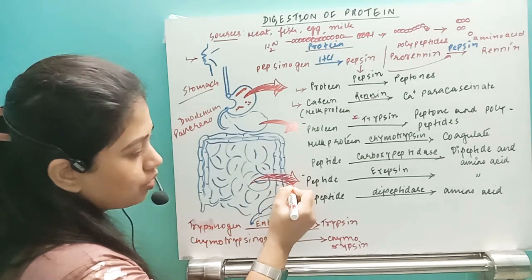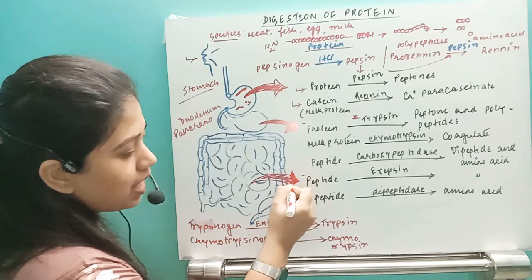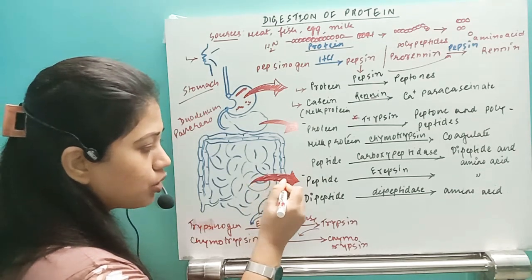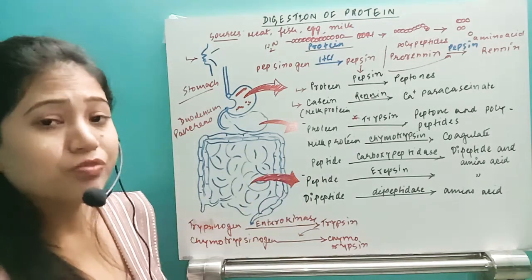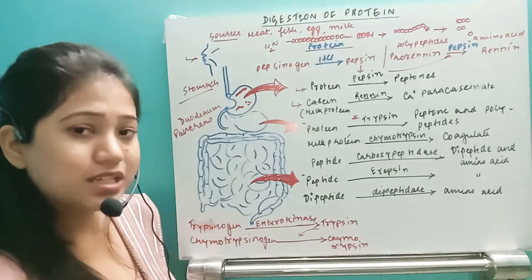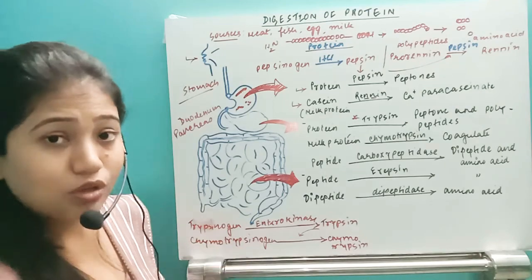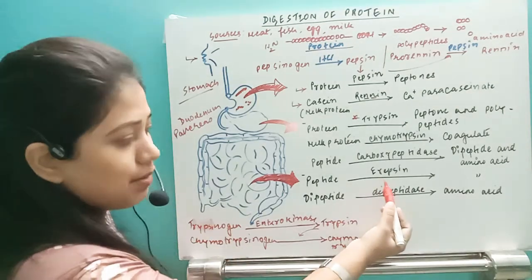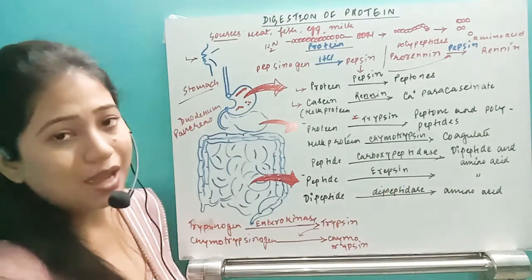So you can already understand that the jejunum and ileum are going to have the crypts of Lieberkuhn that will have the intestinal juice, and the intestinal juice will act on the peptide. They are releasing actually two enzymes. One is erepsin and the other is dipeptidase.